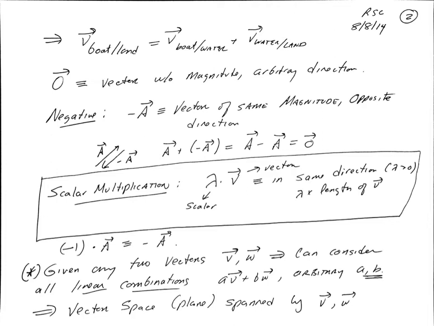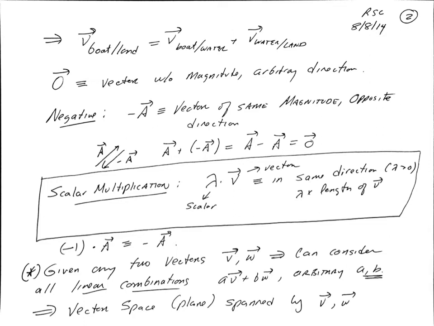Lambda times v is a vector which has the same direction as v, at least for lambda greater than 0, but its length is expanded or contracted by an amount lambda. So 2 times v would be a vector in the same direction as v with twice the magnitude. 1/2 v would be a vector in the same direction as v with 1/2 the magnitude. Minus 1 times v just changes the direction and then scales the length appropriately. So minus 1 times a is just minus a.